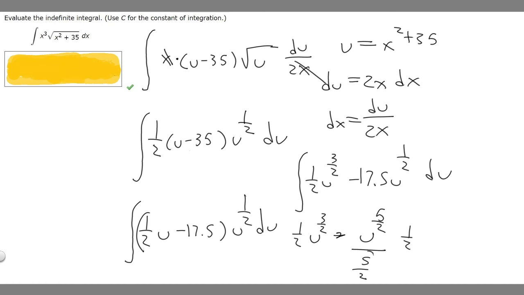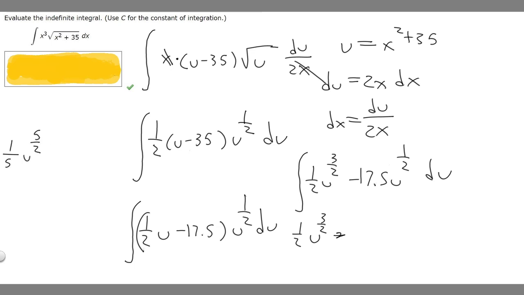So we have 1/2 divided by 5 over 2, which is 1/2 times 2 over 5, 2 over 10, which just becomes 1 over 5. So we have 1 over 5 times u to the 5 over 2.